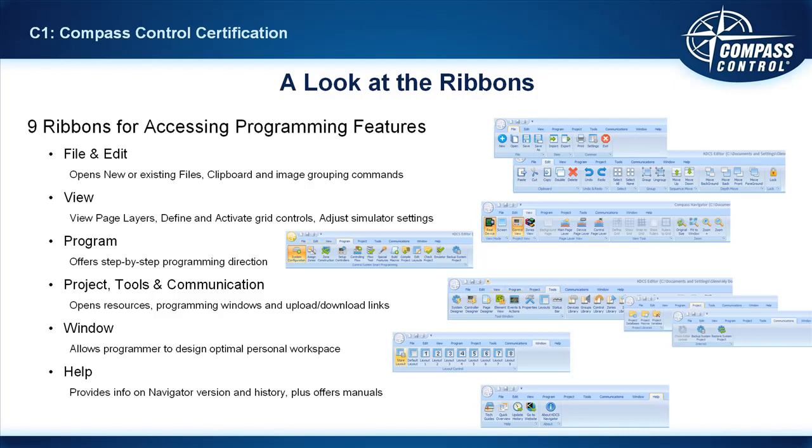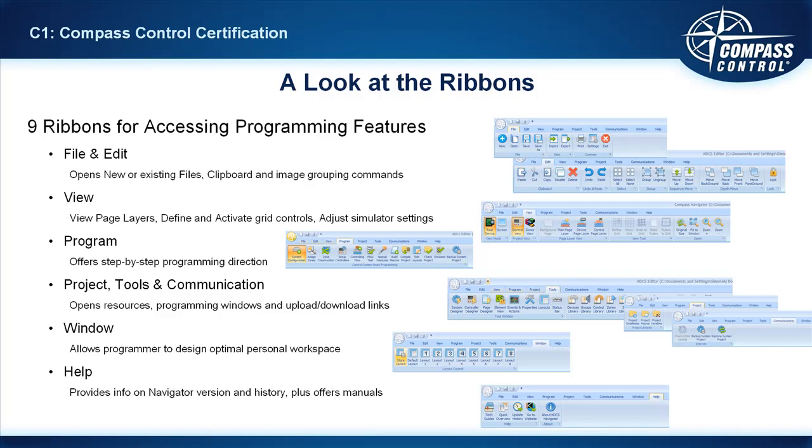The Programming tab, the ribbon here, is going to give you the step-by-step process for programming. We're going to go into detail on this in a few minutes. The Project Tools and Communication ribbons, they open resources. It's going to give you programming windows, upload, download links, that kind of stuff. Now, the Window ribbon is unique in Navigator. Typically, when you open up the Window ribbon in Windows-style software, you're going to have three choices: Tile, Cascade, or Default.